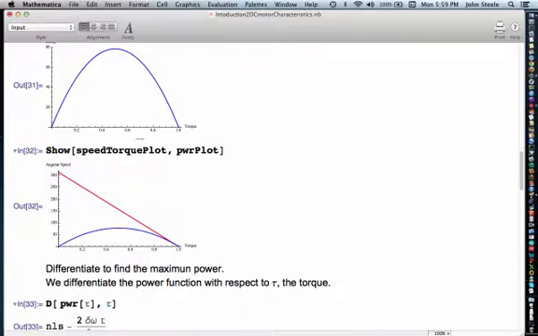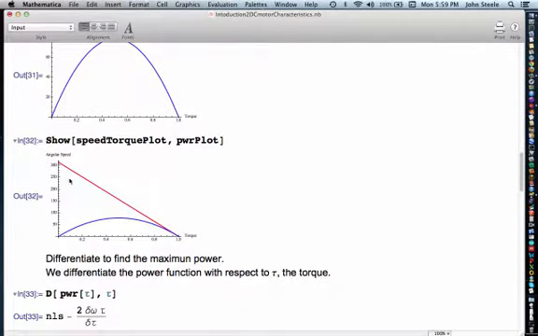Okay, so I can show those two together, and so sure enough, here's our speed torque curve, here's our power torque curve.